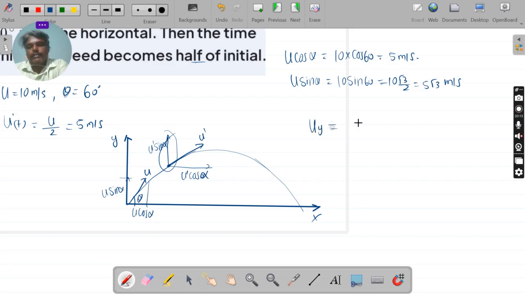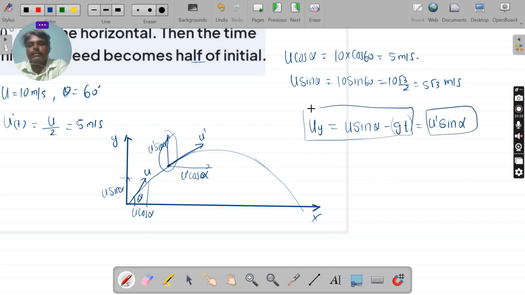Uy is equal to U sin theta minus gt. The vertical component velocity is reduced by this amount, that is equal to U dash sin alpha. I do not need this term; I only need these two terms.